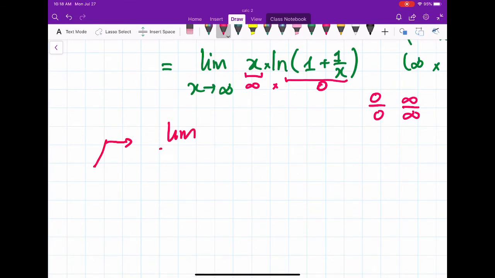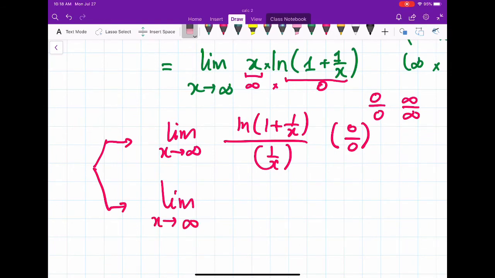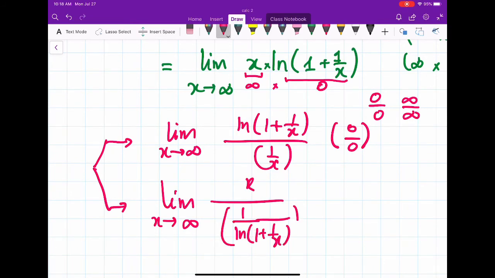The limit as x approaches infinity of ln of 1 plus 1 over x, divided by 1 over x. You see? In this case, you have 0 over 0. Another way is the limit as x approaches infinity of x divided by 1 over ln of 1 plus 1 over x. In this case, you have infinity over infinity.